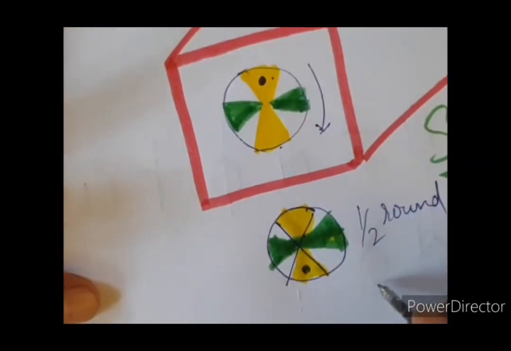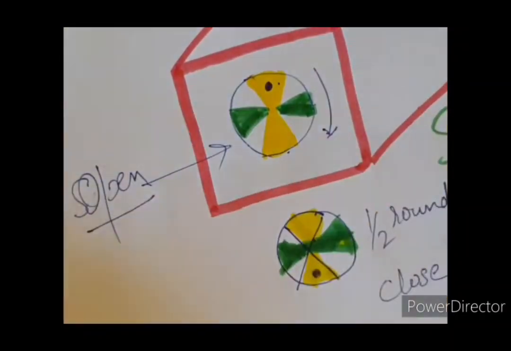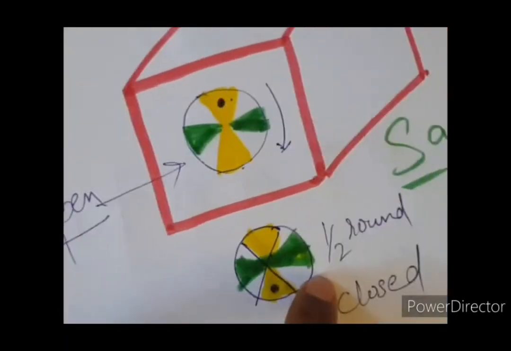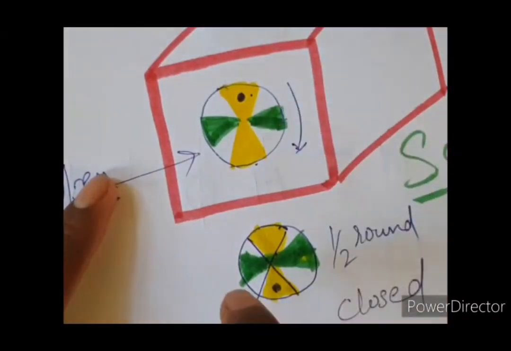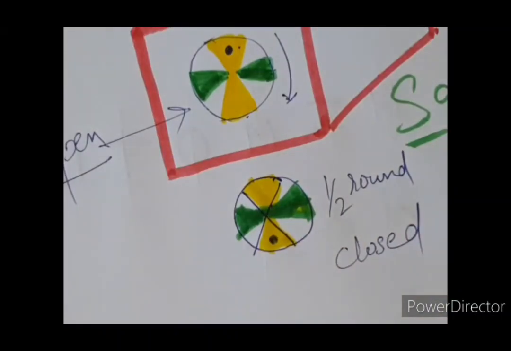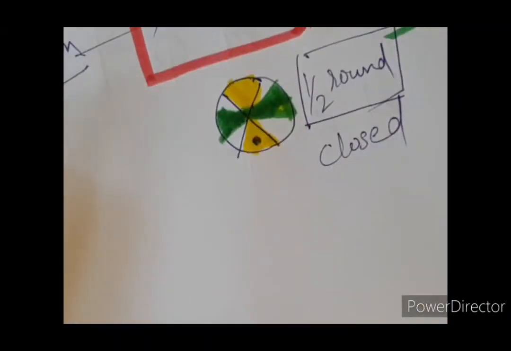The safe will be closed, and in this figure the safe is open, right? So here we can say a half round is a rotation when the above portion comes downward and the downward comes above. So can you tell me some figures which are similar in their half round?